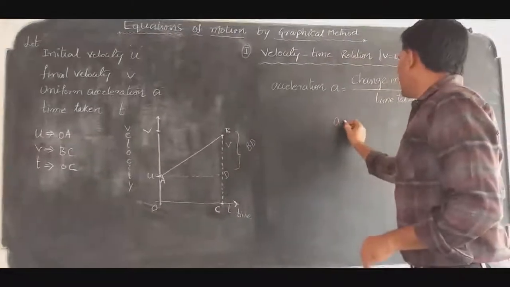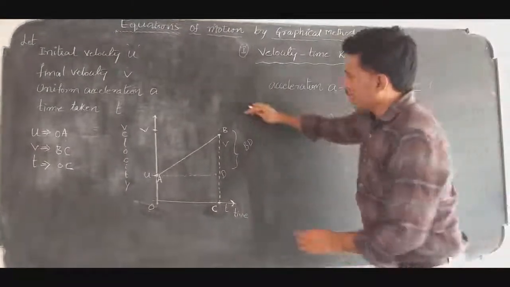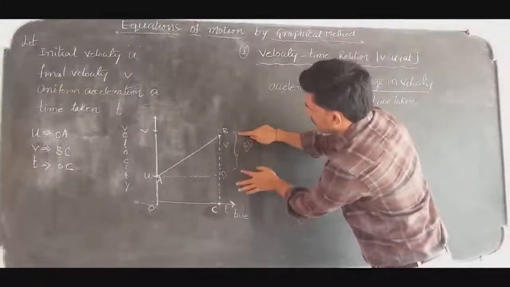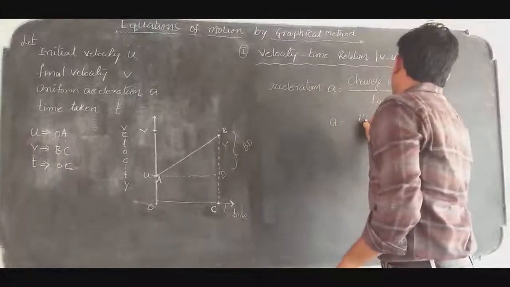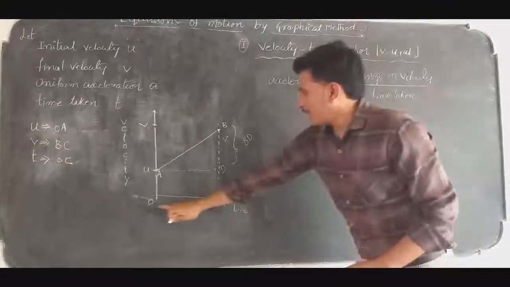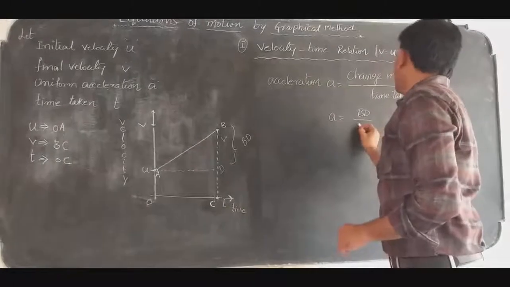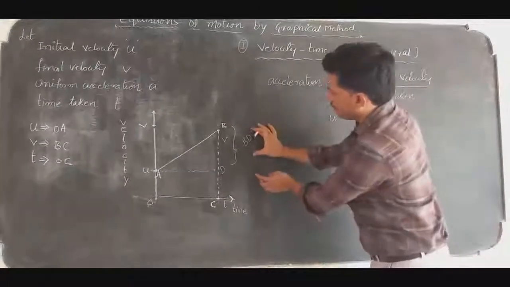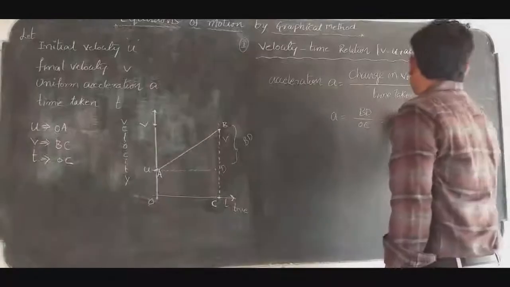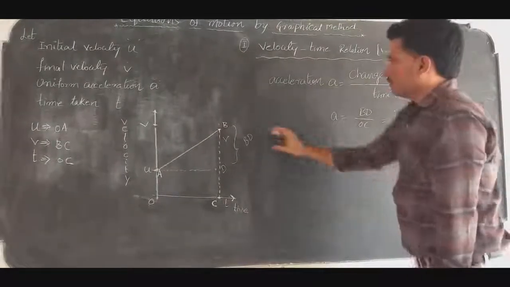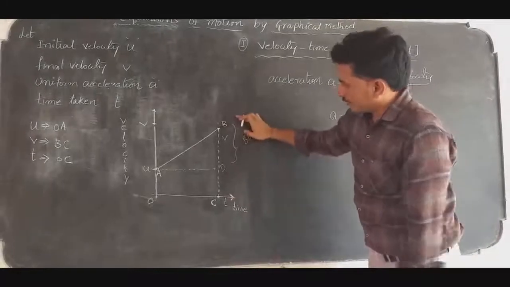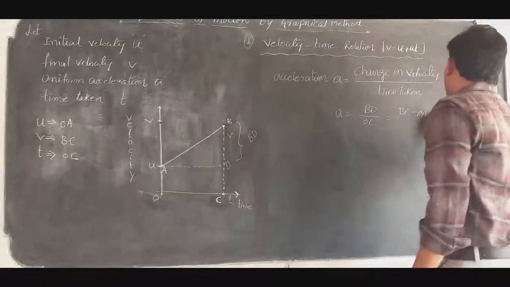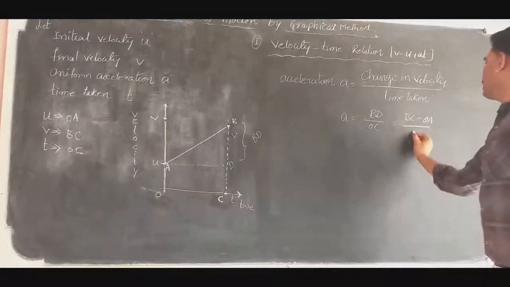So acceleration a is equal to change in velocity, that is final velocity minus initial velocity, which is BD, by time taken, which is OC. Now BD you can write as BC minus OA, so BC minus OA by OC.